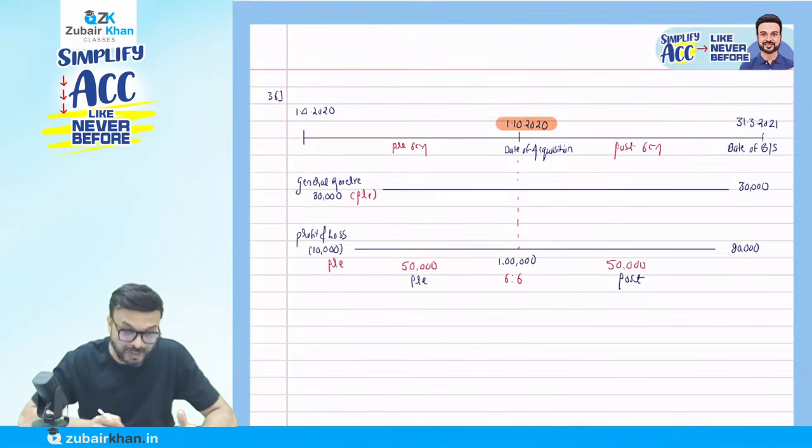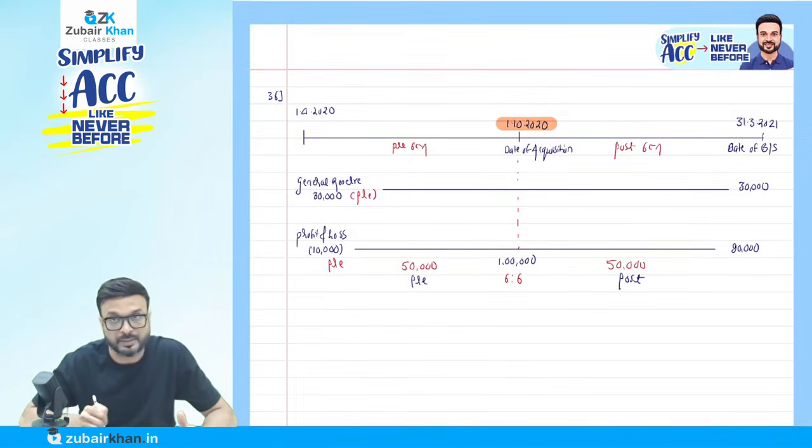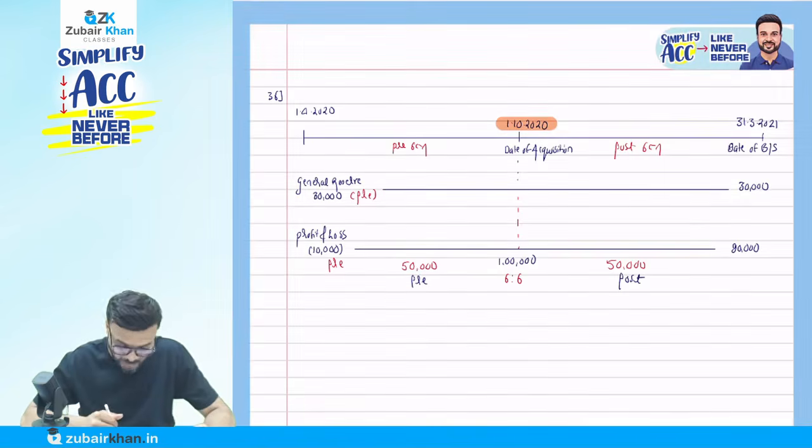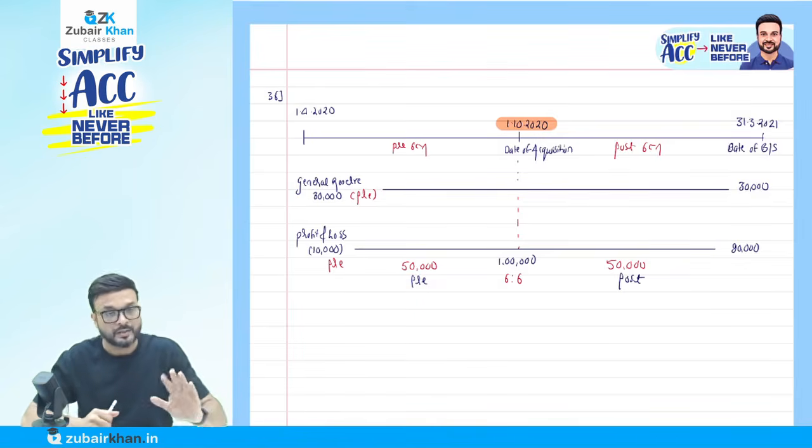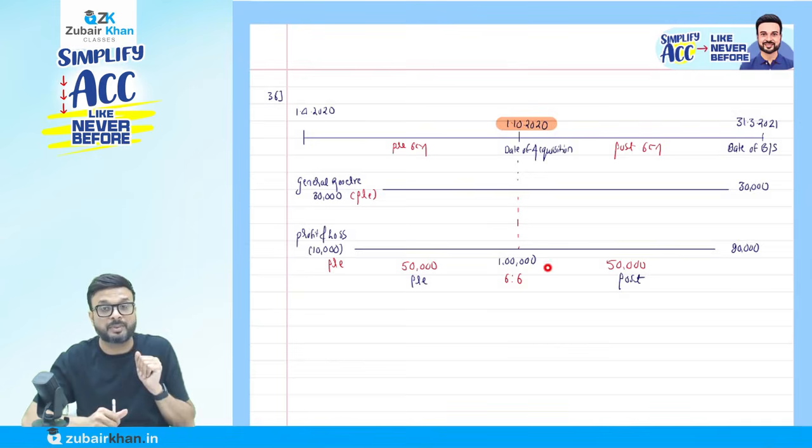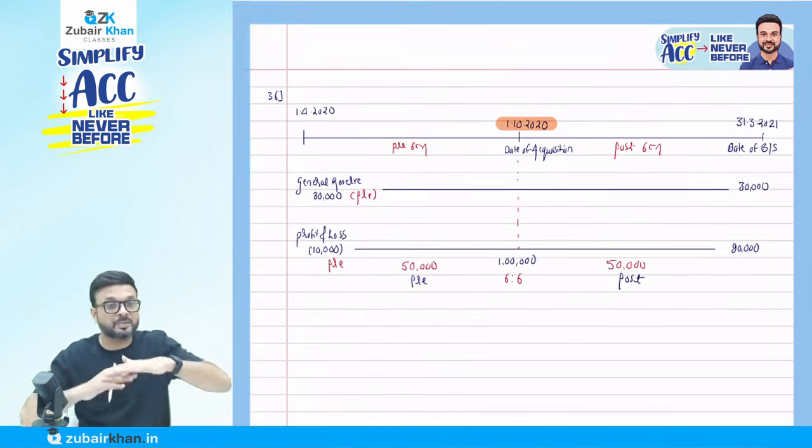So what is going to happen now is the pre-period is 6 months and the post-period is 6 months, because the year ends on 31st March. They acquired the control on 1st of October. So this 1 lakh will be divided equally, 50-50. Now some of you may argue, no sir, it might happen that the major profit happens in the first 6 months, then less amount. It might happen, but we always assume equally.